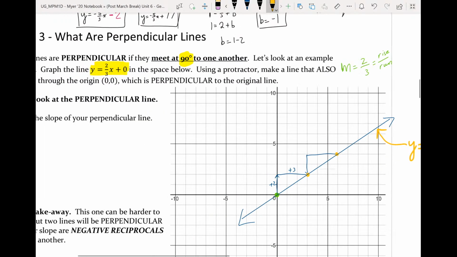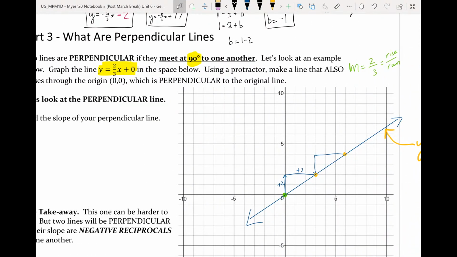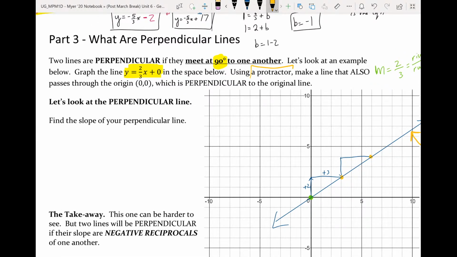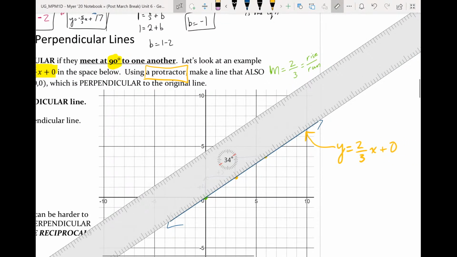Okay, so we want to put on a 90 degree angle. We can do it using a protractor. In this case, I'll just use my ruler. All right, so if my ruler said I had 34 degrees, and we want 90 degrees, we could add 90 if we wanted to.